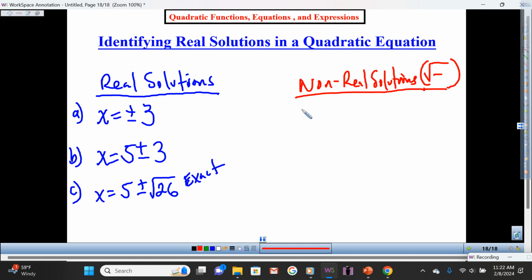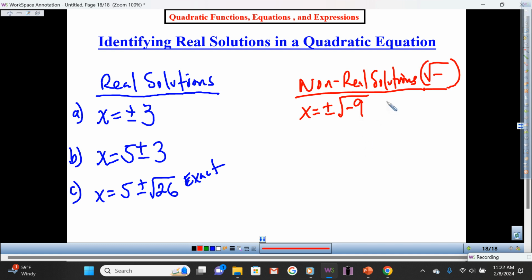So what does non-real look like? Let me go over to this side. If I was solving using square roots, the last step before I get to this one was the square root of 9, which is plus minus 3. Now let me show you non-real: x equals plus minus square root of negative 9. That's a non-real solution. Why?